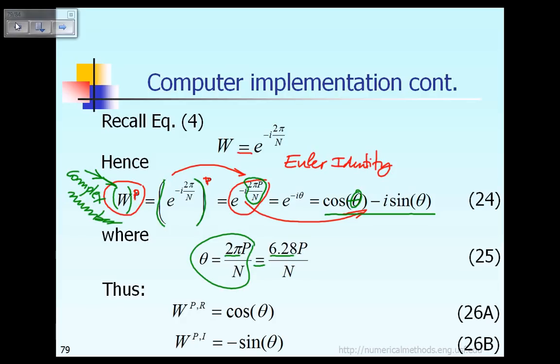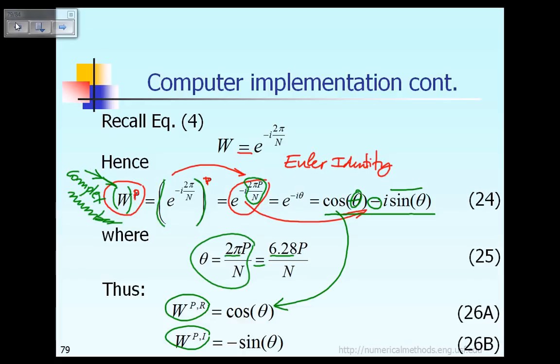And what does that mean? That term, cosine theta, we call WP corresponding to the real part R. And the so-called negative sine of theta, without including the small i, is defined as WP comma I. So here I give you the definition of WPR and WPI.